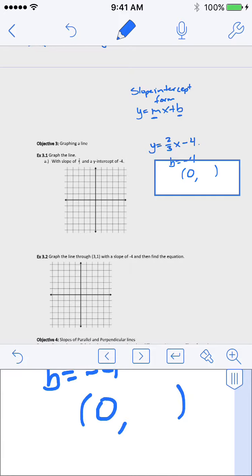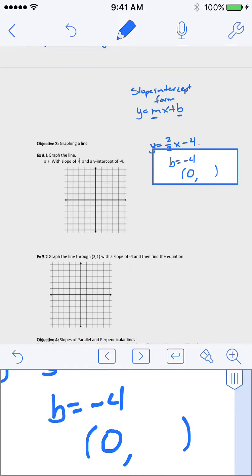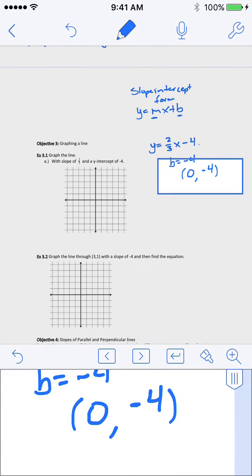And we've been talking about this a few times now. X must be 0, if it's a y-intercept, at some point on the graph. So we know x must be 0. Therefore, if x must be 0 and b is -4, then b must be our y value. So our -4 is the y value, and our whole point is 0, -4.